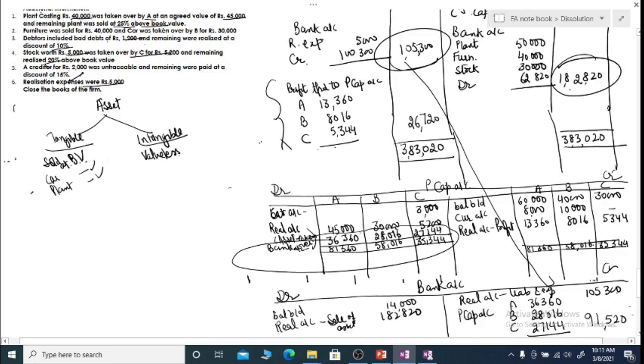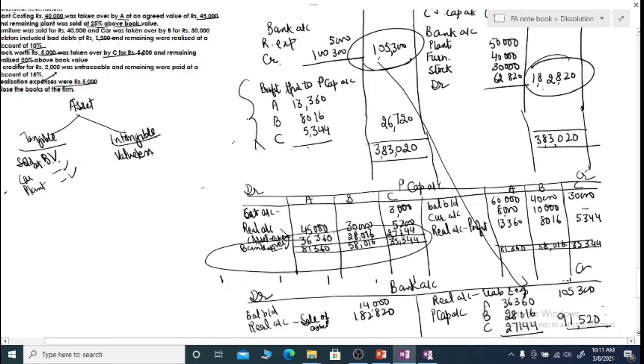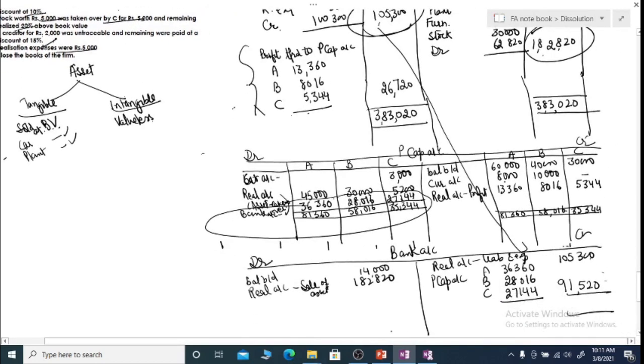Now you can total the amounts and check whether the total is matching or not, because this will ensure that we have recorded everything correctly, that is there is no mathematical error, right? So mathematically we have done everything correctly.